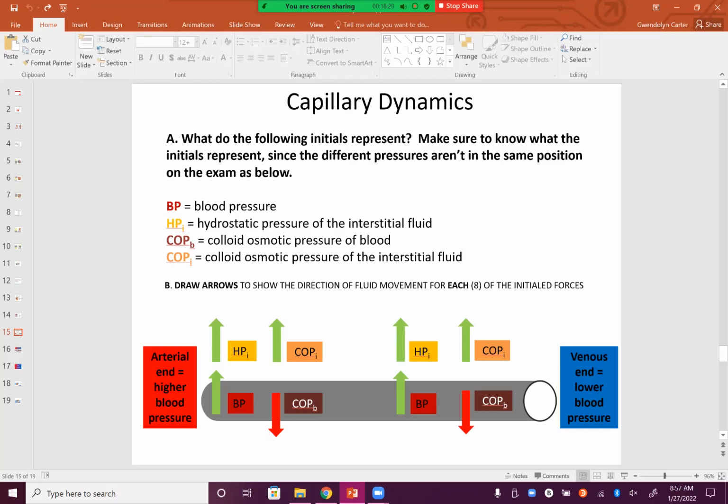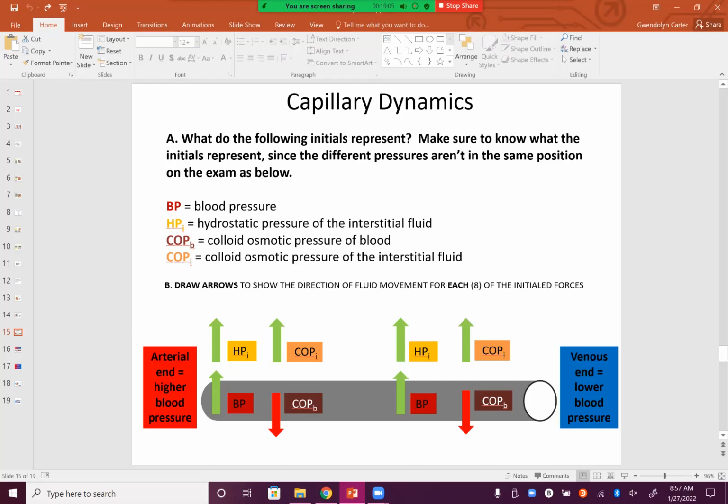I will switch, like maybe this one and this one, or this one and this one, same thing, or they'll still be in either the blood of the capillaries or on the tissue space, but I might put COPI here and then HPI here, just as a way of seeing whether you are paying attention to what the numbers are, instead of just saying, okay, I plug this number here, plug this number, and then just do math, instead of did you understand what you should be comparing? Because you'll compare your hydrostatic pressures to each other and compare your colloid osmotic pressures to each other.